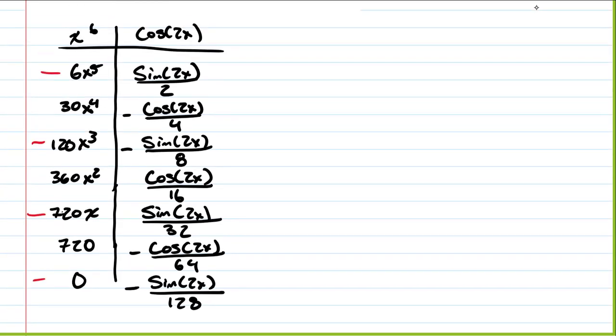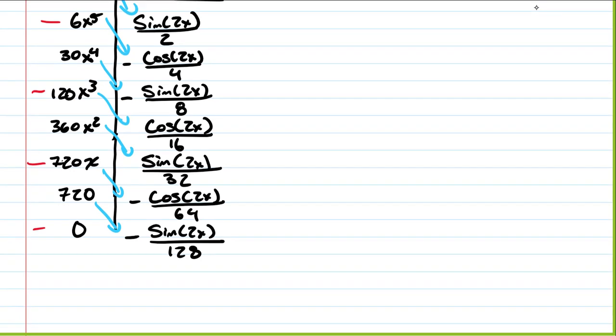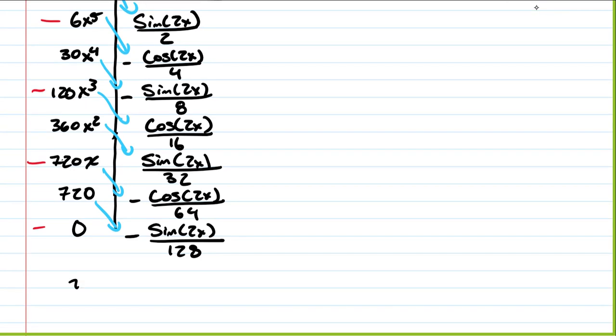So now, to finish, we connect all of the diagonals. The reason we stop here is if I kept connecting the diagonals, I would have 0 times something, so we know we're done. Now our antiderivative is going to be x to the 6th times sine of 2x over 2.